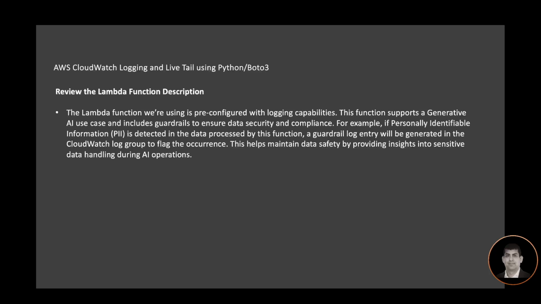This helps maintain data safety by providing insight into sensitive data handling during AI operation. So for my example here, I am using this guardrail entry as a filter criteria, and when we start the live tail, anytime a guardrail is invoked and it gets logged, we should see that entry in the live tail.